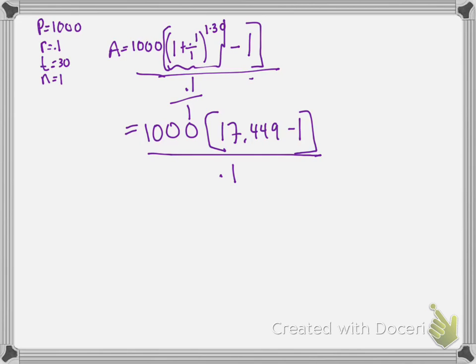So we know that that's going to be 1,000 times 16.449 divided by 0.1. So that gives me $164,490.